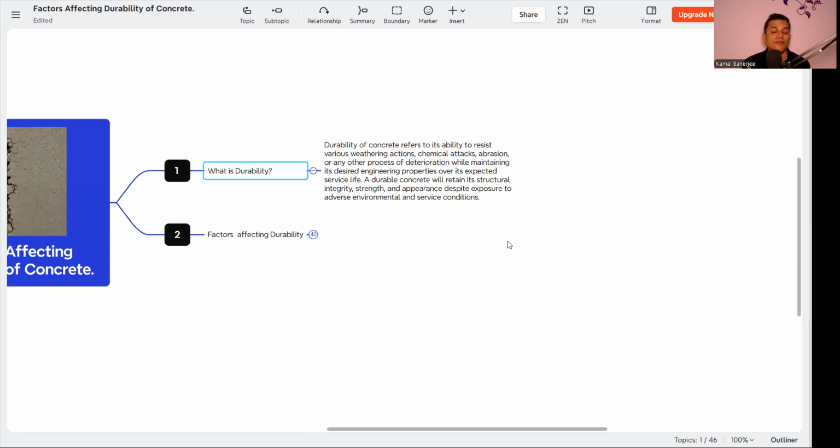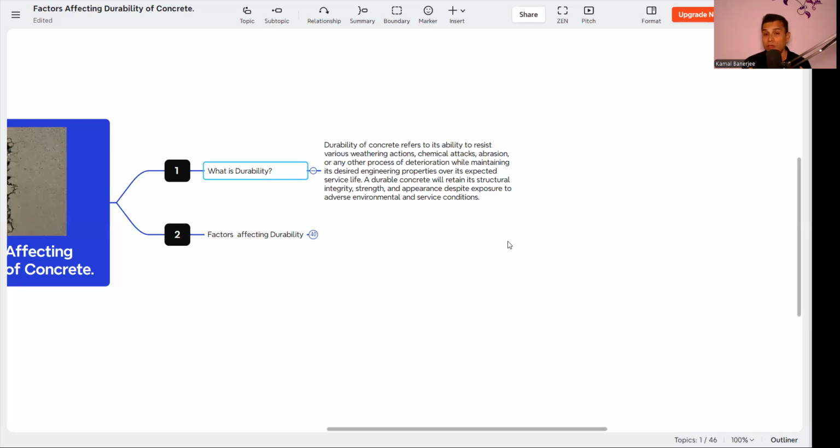So there is different weather on the earth. There is rainy weather, there is extreme heat, extreme cold, there are chemicals, there are hazardous materials. These are all affecting the concrete's properties. Now, how this concrete will withstand all these effects and maintain the desired properties, that is the durability of the concrete.